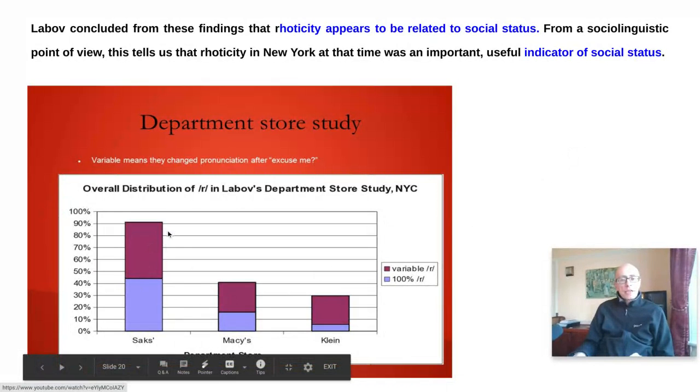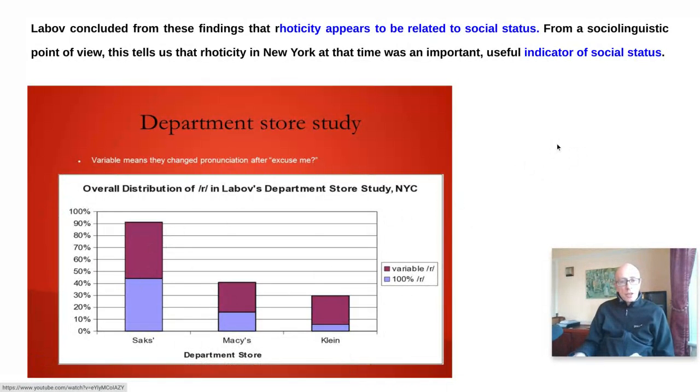So here you've got Saks, which was the big posh store, and you can see as a percentage there, you've got over 90% of the utterances with very heavily foregrounded R. Macy's, much, much less so, less than 50%. And then Klein's, which was your cheap and cheerful place, where only 30% of the utterances had these R's.